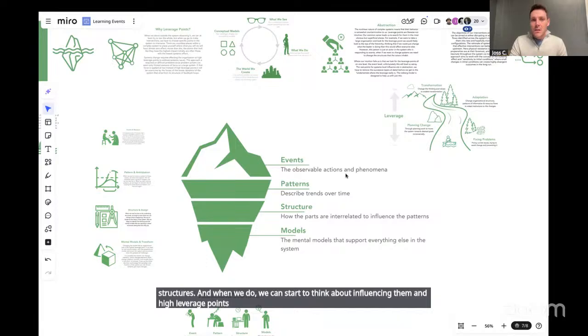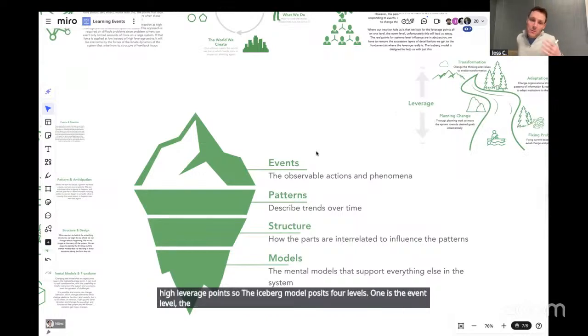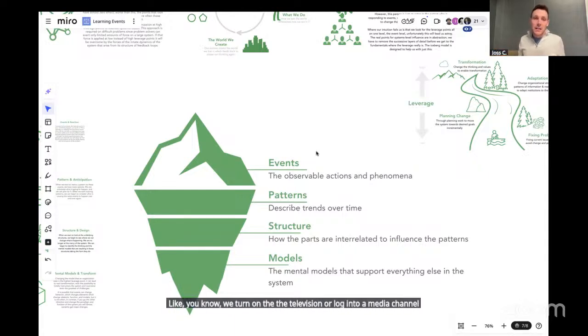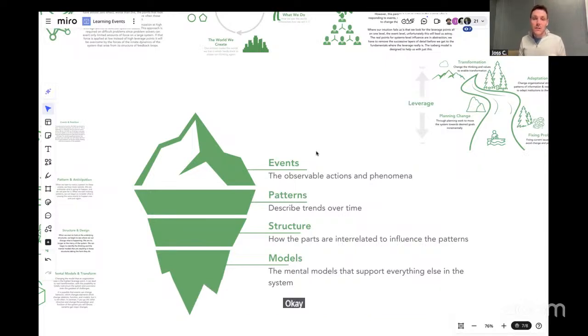So the iceberg model posits 4 levels. One is the event level, the observable phenomena, actions that we see. We turn on the television or log into our media channel, and we see that yesterday there was an oil spill in the Gulf of Mexico. Okay, that's an event.